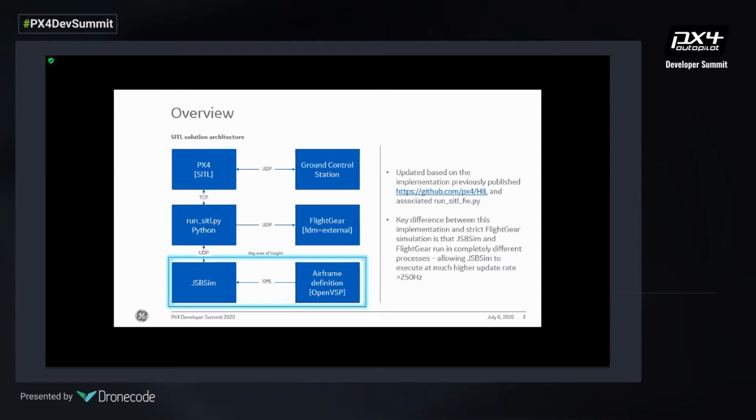If you look down on the bottom, when we look at the two key components that we wanted to focus on, one is this airframe definition with OpenVSP, and two being JSBSim. The interaction between these two is the specific area of workflow we'll be focusing on. But another key input that we wanted to identify was the fact that this implementation is slightly different than using FlightGear in a standalone fashion.